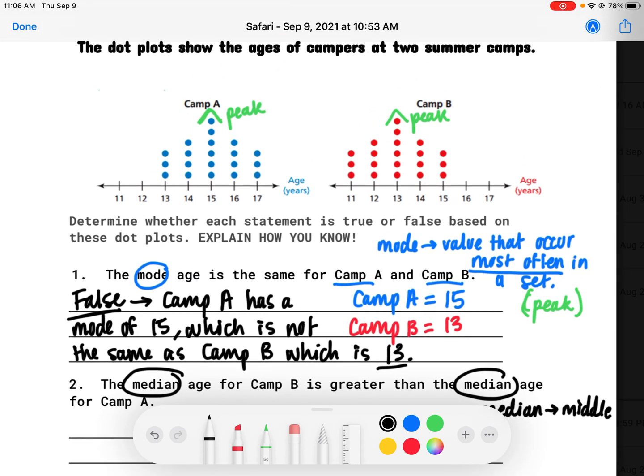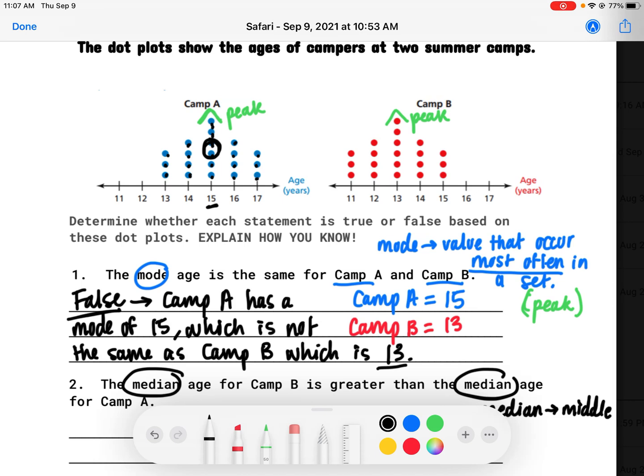So we count all of our dots: 1, 2, 3, up to 20. That means our middle of 20 would be 10 and a half, in between 10 and 11. So 1, 2, 3, up to 10. Our two middle values would be 10 and 11, and those values just happen to fall on 15.